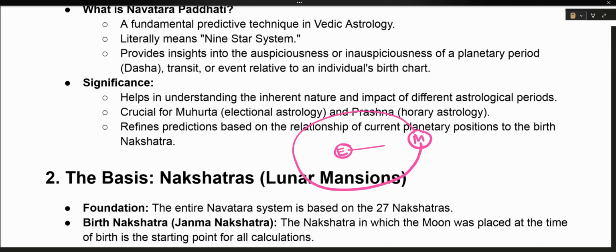If we look at the Moon from the Earth, then in the background at a distant place there will be some nakshatra constellation. These constellations are named with different names in Vedic astrology. These 27 different types of constellations are considered as nakshatras. The word nakshatra means a group of stars, or a constellation.